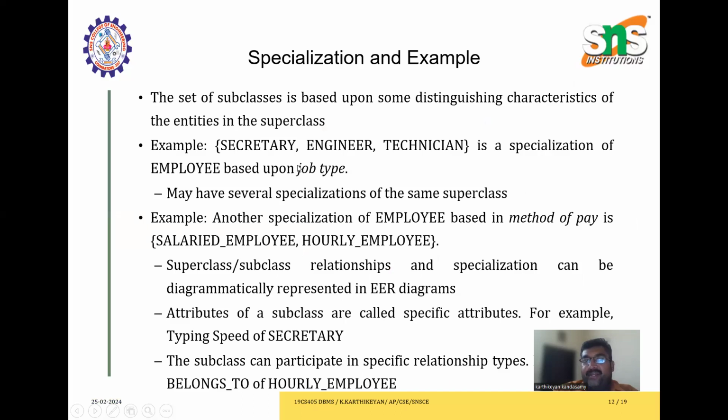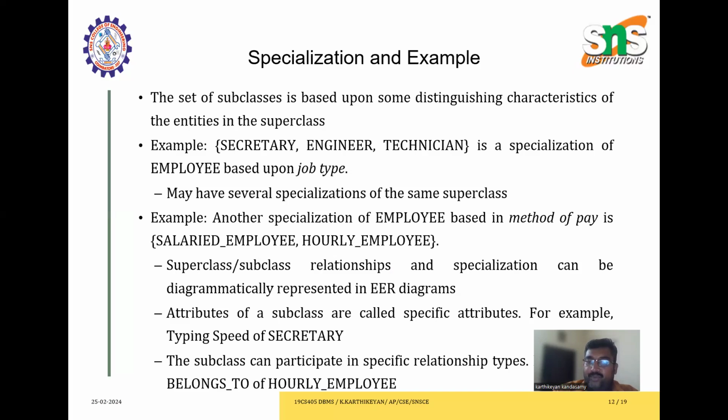The specialization is based on the set of subclasses and the distinguishing characteristics of entities in the superclass. For example, secretary, engineer, technician: specialization of employee based on job type. An entity may have several specializations in the same superclass. For example, another specialization of employee is based on method of pay: salaried employee or hourly basis. The superclass and subclasses are related, and specialization can be represented diagrammatically in the ER diagram.